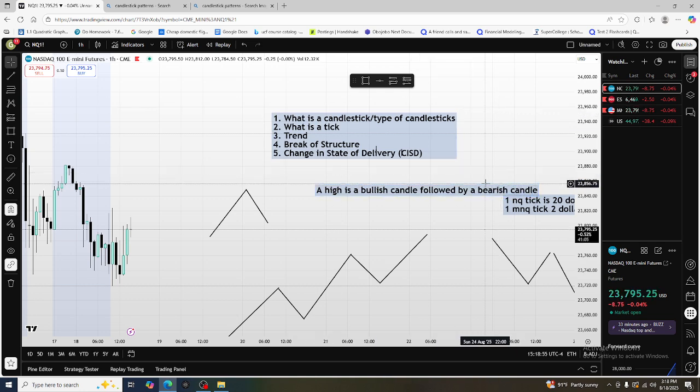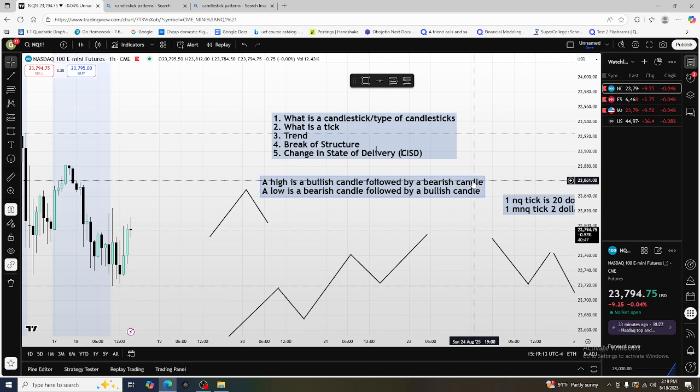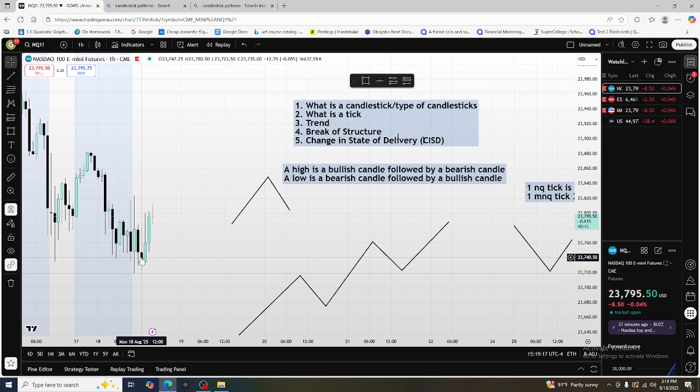All right, that's a high. That's really easy. Then a low is the same thing, but opposite. A low is a bearish candle followed by a bullish candle. All right, so basically a low right here, boom, bearish candle, bullish candle.